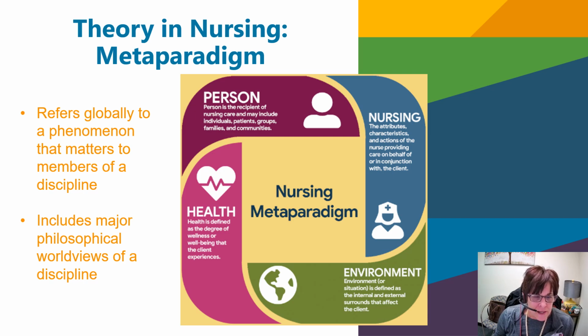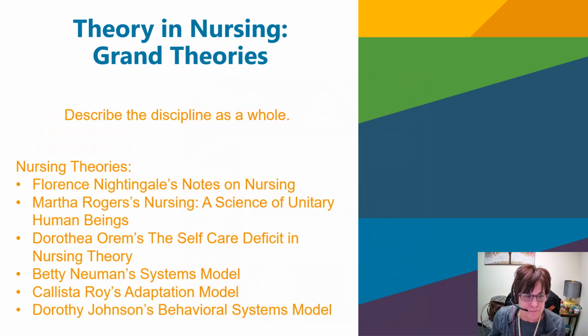So when we think about a meta paradigm, remember it's very abstract thinking, but it also is very concrete in its definitions of what is included in that meta paradigm. Grand theories describe the discipline as a whole.